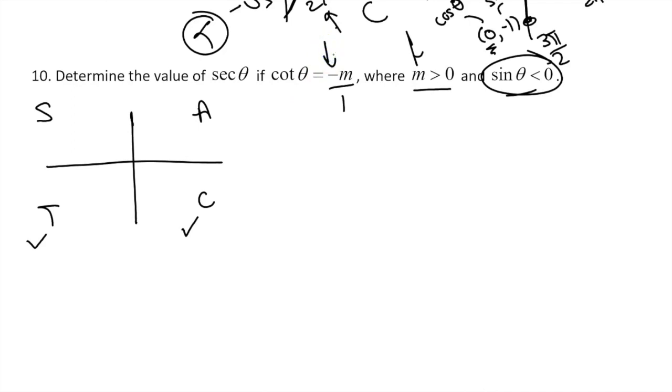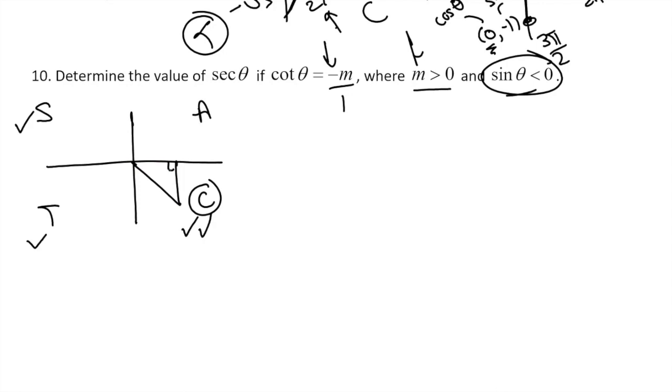So that means that cotangent is going to be equal to something that's going to be a negative value. It would be like negative 1, negative 2, negative 3. So because cotangent is negative, that means that we're either going to be in quadrant 2 or quadrant 4. Quadrant 4 satisfies both of our restrictions, so we know that we're in quadrant 4.